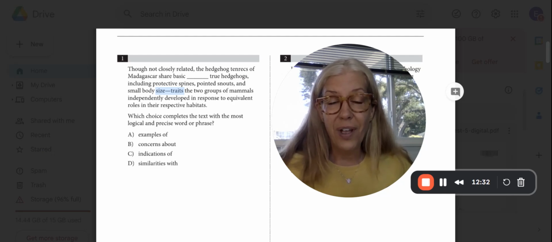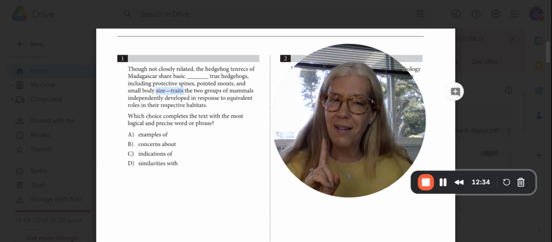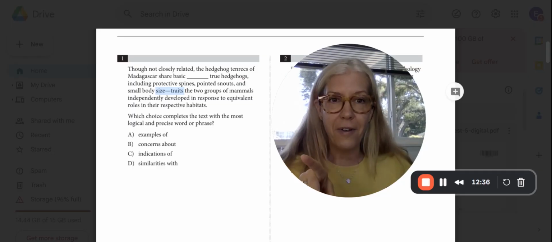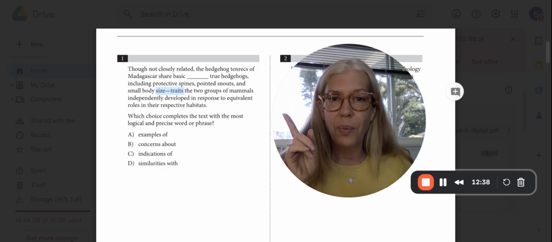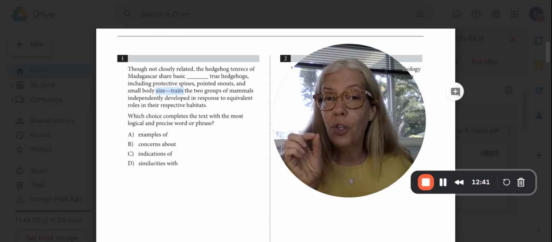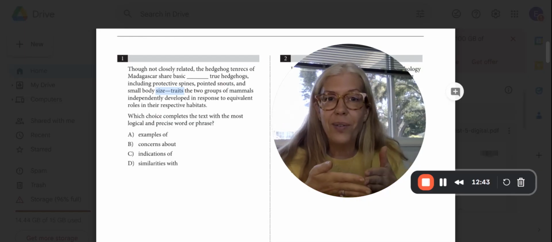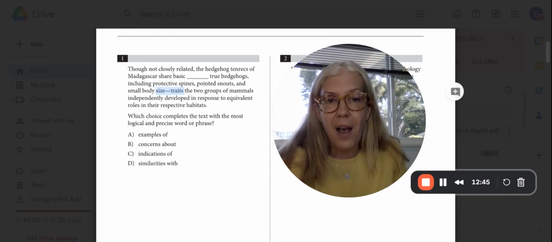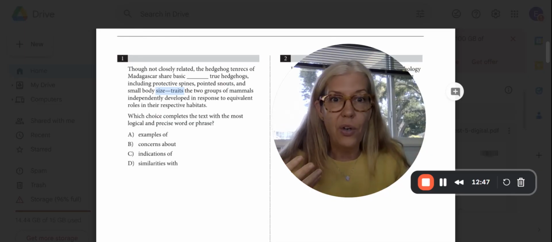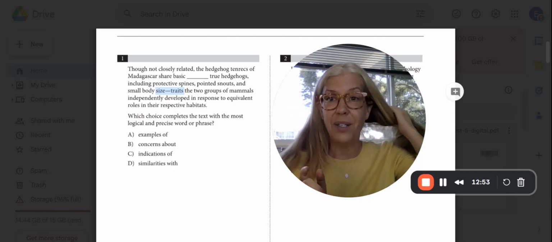It's an appositive. The only thing with an M dash, and it's not a hyphen. So I want to show you the difference between an M dash and a hyphen. A hyphen is short. An M dash is basically opening up more information than you need to know. And if I get rid of that information, the sentence can still stand on its own.